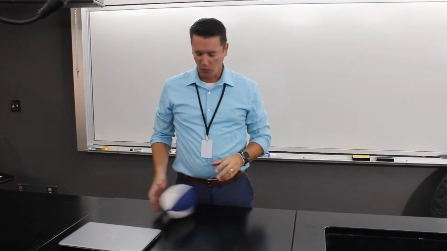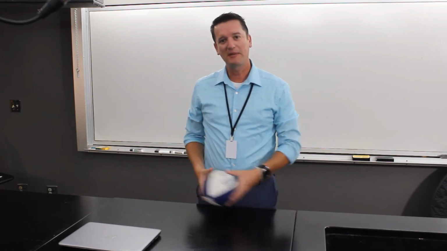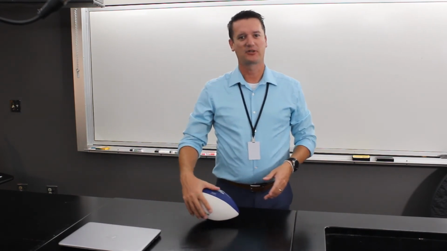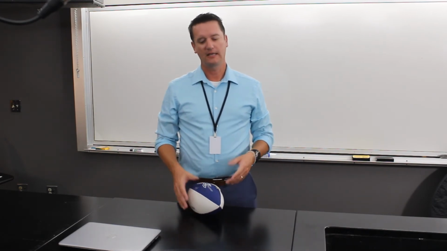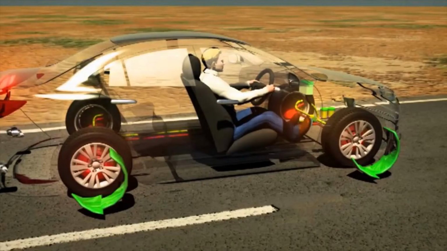For this reason, rolling friction is actually probably better than sliding friction in terms of keeping something moving. A good example of this is what we call anti-lock brakes. In your car, we have these things called anti-lock brakes, where when you slam on the brakes, the tires don't actually lock up. They continue to move.